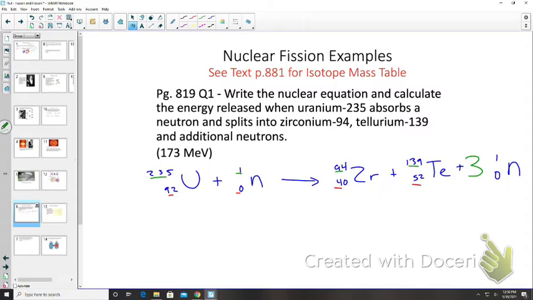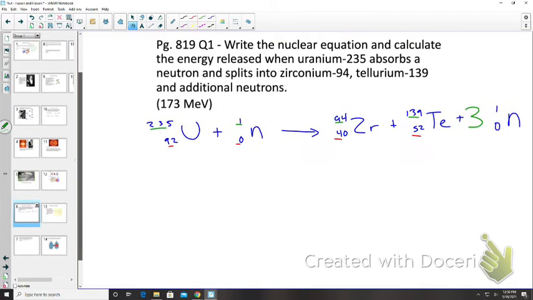And we are to calculate the energy released during this reaction. Okay? So, we're asked to find the change in energy. But first, to find the change in energy, we need to find the change in mass in the reaction.